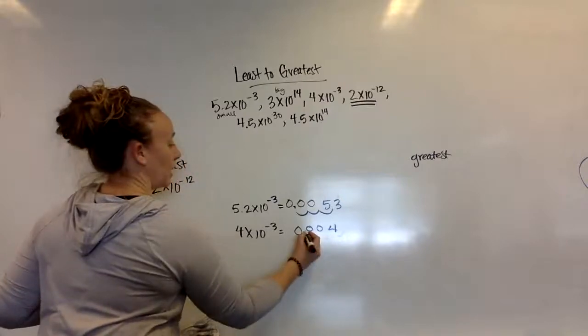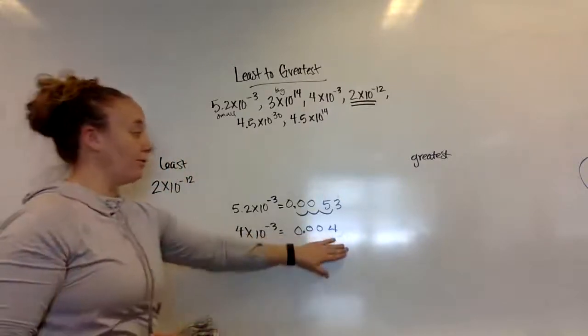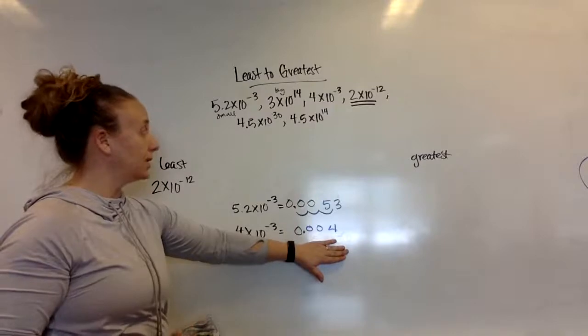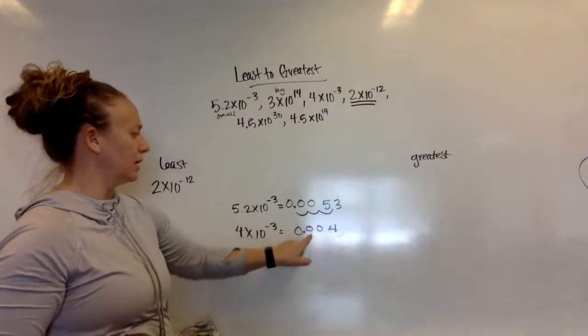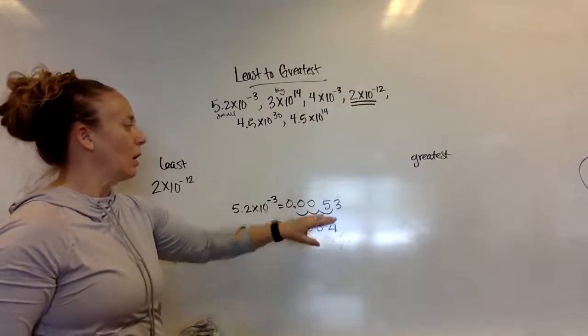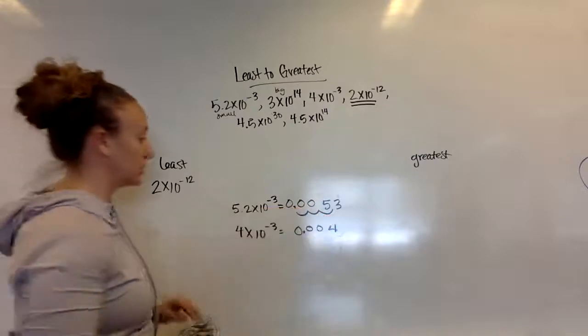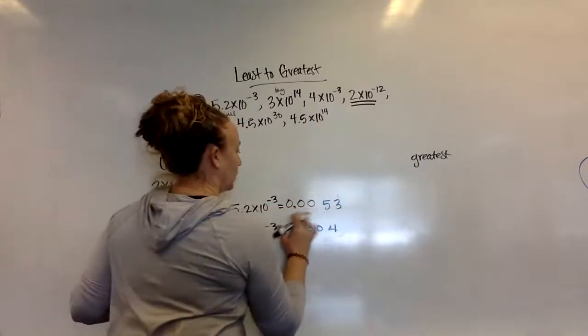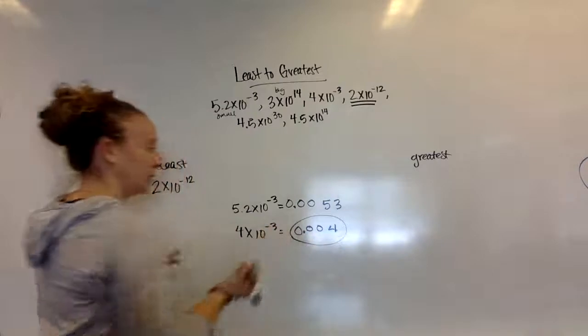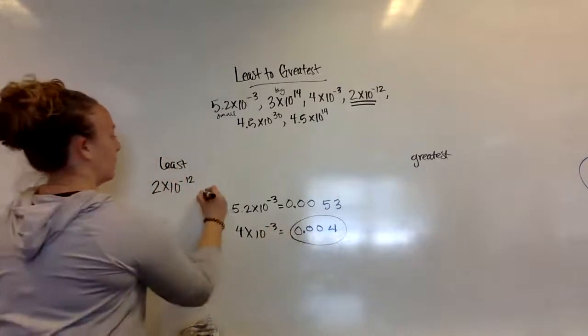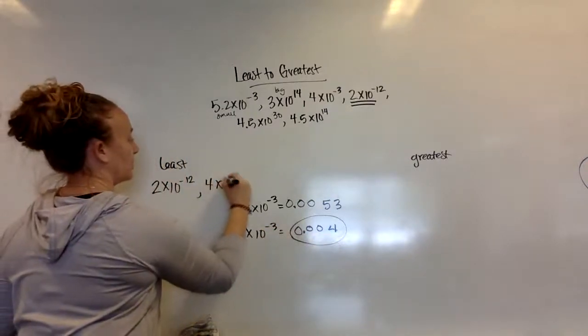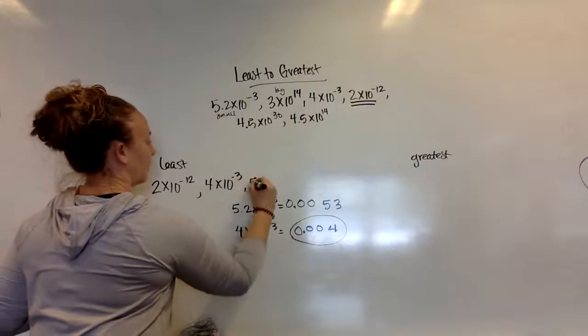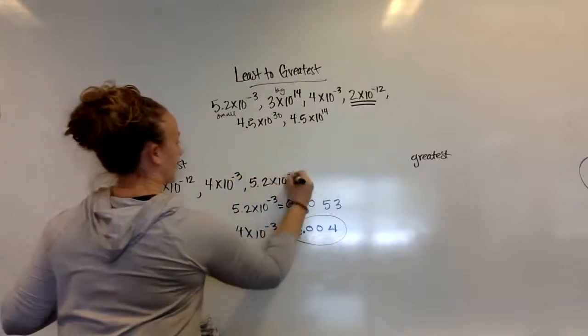So which one is smaller? 0.004 or 0.0052? Thousandths, or ten thousandths. Which one's smaller? I would say this one is smaller. So my next smallest value is 4 times 10 to the negative third. Then I have 5.2 times 10 to the negative third.